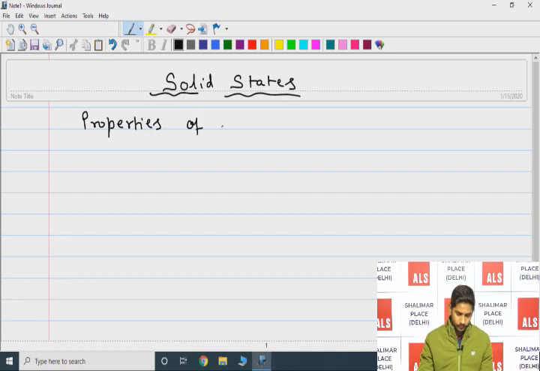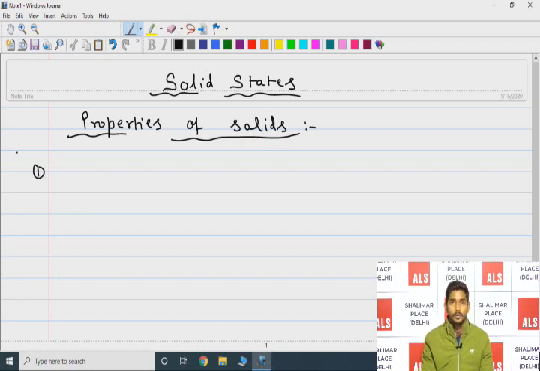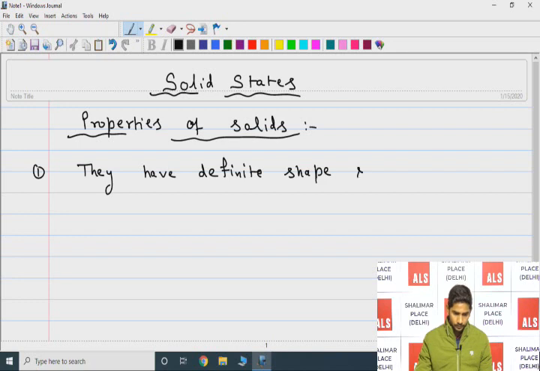Properties of solids. First, they have definite shape and definite volume.